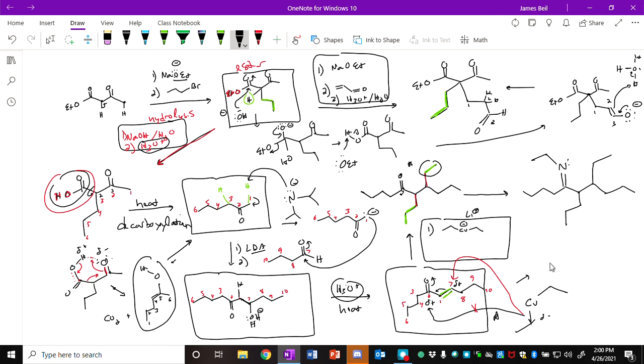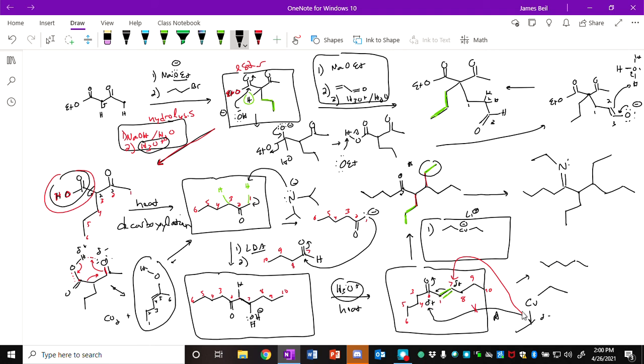So if I draw that intermediate, now I've got these electrons. So I've got 1, 2, 3, 4, and then the carbonyl.